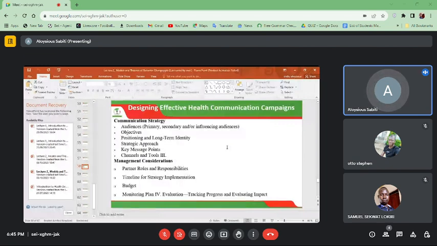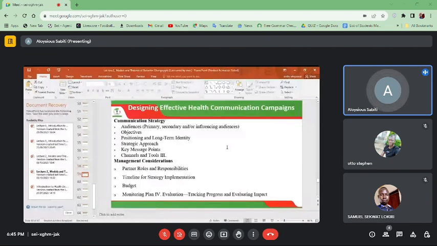And then lastly, here you have to do a management consideration where you're able to do partner roles, responsibilities, timeline for strategy implementation, the budget, and then the monitoring and evaluation. So this is a complete system or strategy for doing an effective health communication.